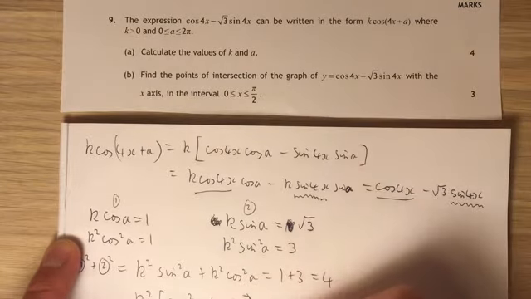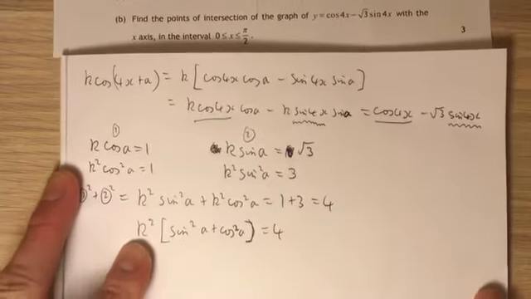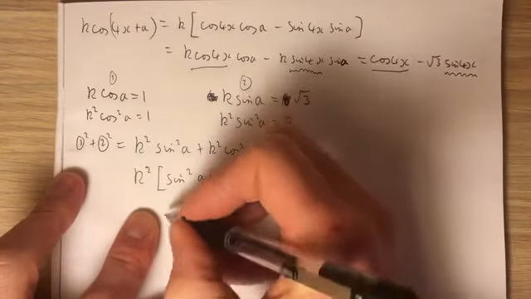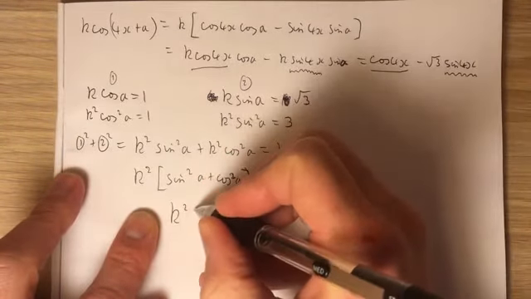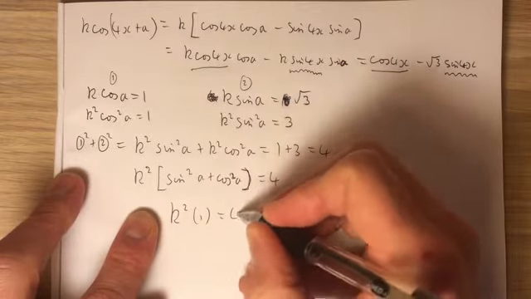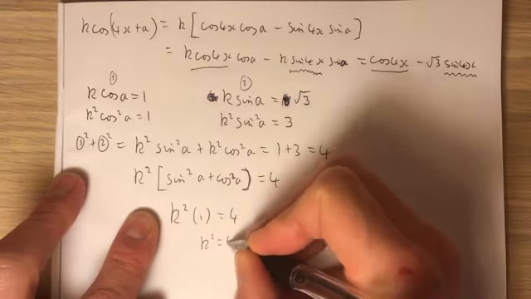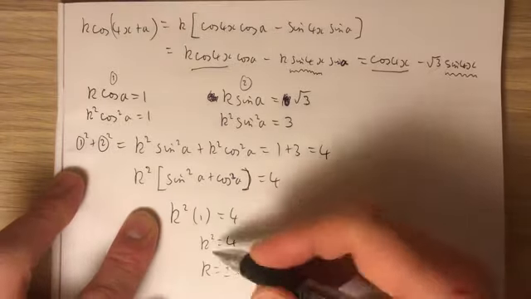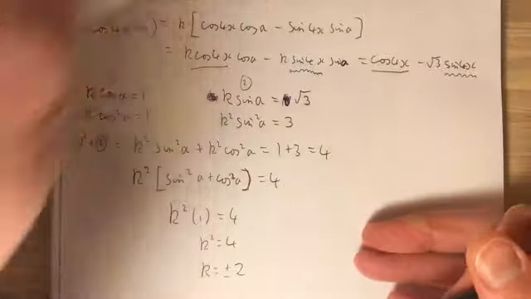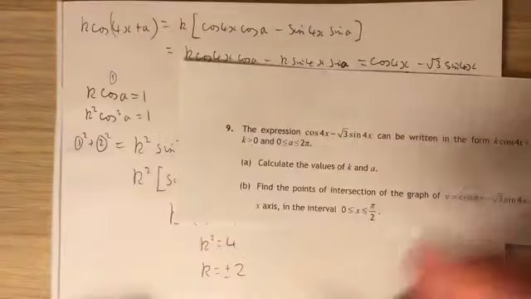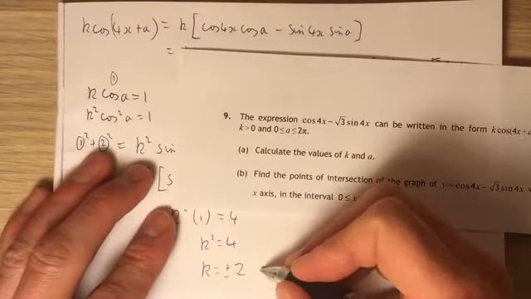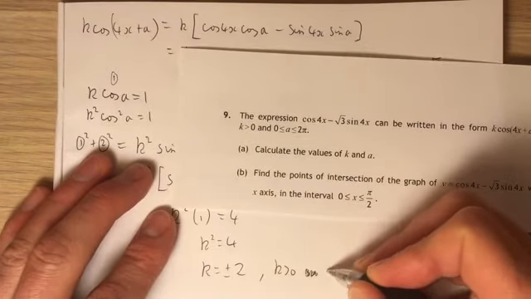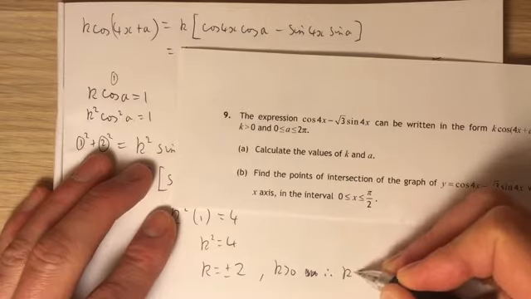Because that's one of the formulae we've known since Nat 5. Sine squared plus cos squared equals 1. So all I've got is k squared times 1 equals 4. K squared equals 4, so k equals plus or minus 2. Now it did tell me back in the question that k is supposed to be positive. So k is greater than 0, therefore k equals 2.